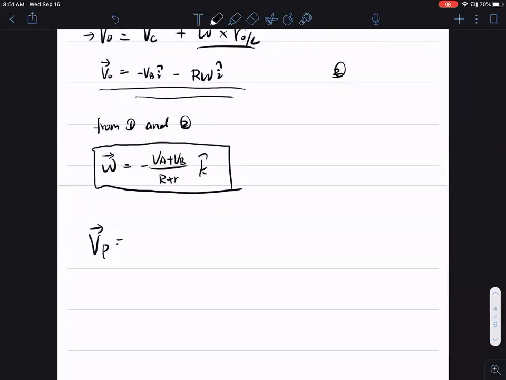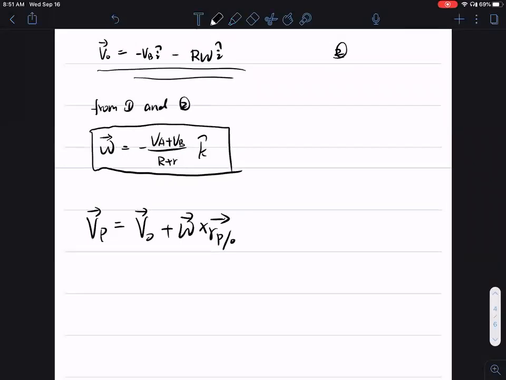For VP, apply the equation: we can pick another point, point O, plus omega cross product RP/O. Since we know omega, we can solve for VP.